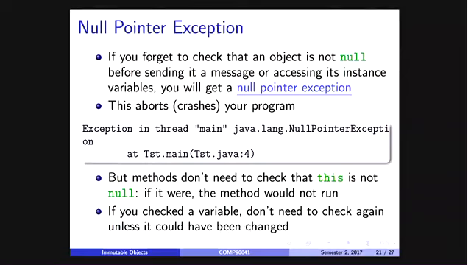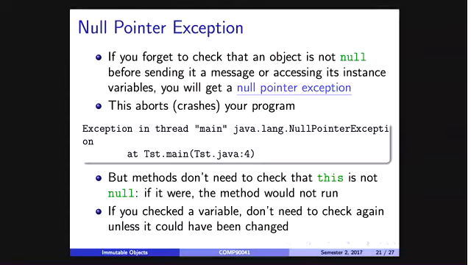All right, so at the beginning of the lecture we talked about null. Null is a special value that's not really an object but kind of acts like one, and essentially null is a thing that you can pass for any class of object. Or you can store it in a variable of any class, or an instance variable of any class.